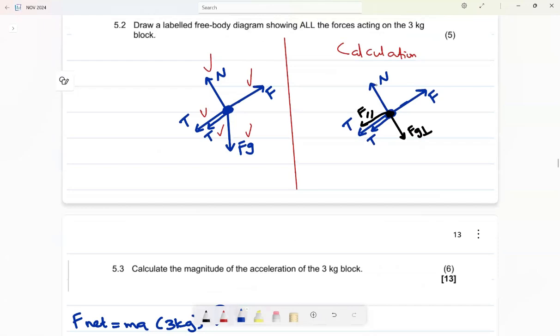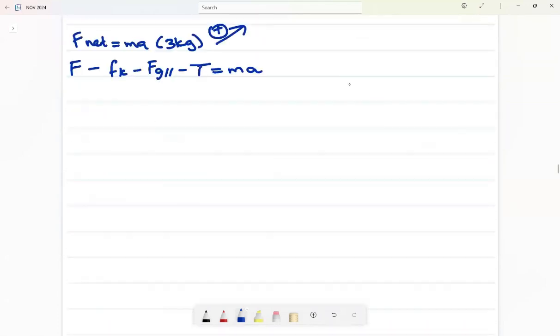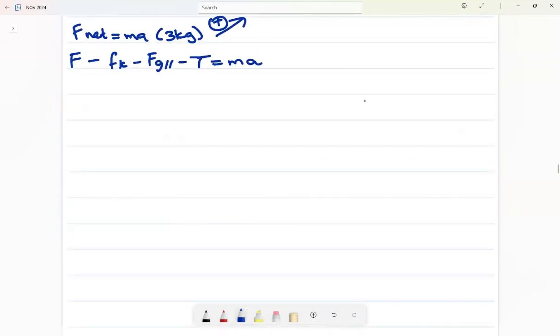Okay, so this is not tension again, this is friction. Sorry about that. This is friction, and then you're gonna have minus friction minus Fg parallel minus tension. It is equal to Ma. Okay, and then we'll just have whatever that we have here.